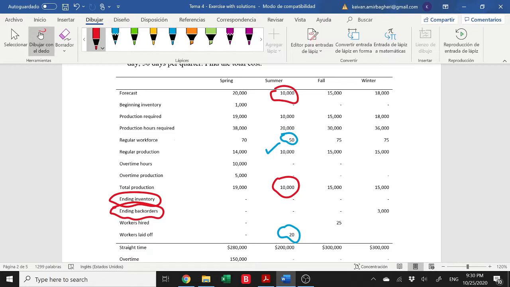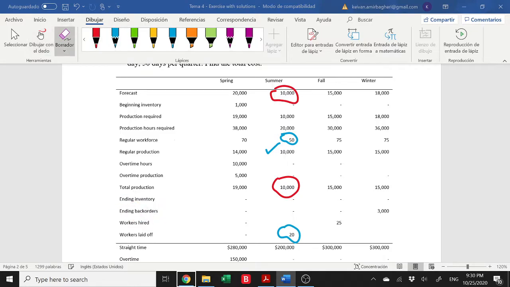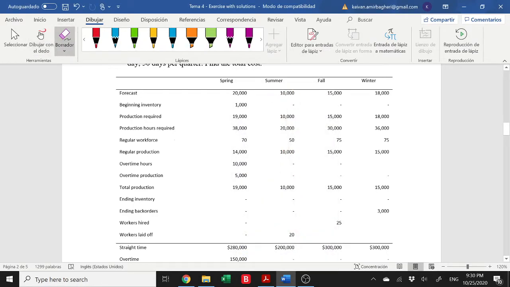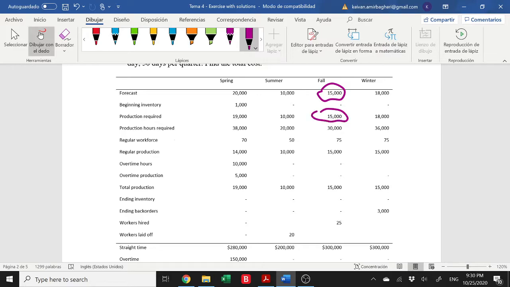Okay, let's start our fall. Let's see what happens in our fall. In fall, we have 15,000 of demand. So obviously we need to produce 15,000 units, and with the productivity we know that it should be 30,000.